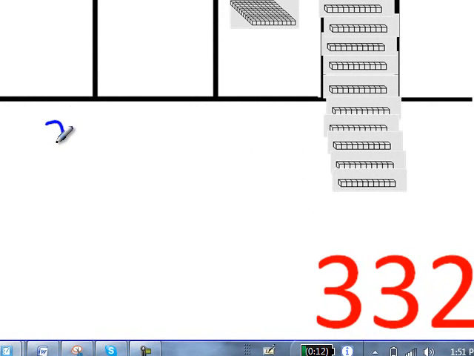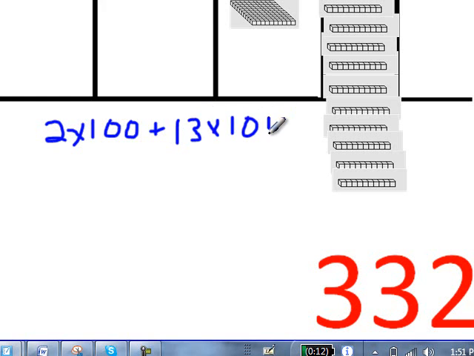So we could write it 2 times 100, because there are 2 in the hundreds column, plus 13, because we have 13 in the tens column, so 13 times 10, plus we have 2 in the ones column, so 2 times 1 equals 332, and we would still write that in the same way, 332.